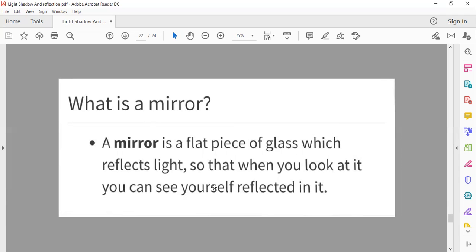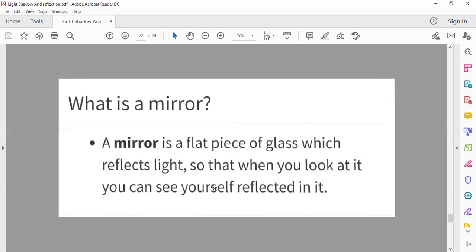So sometimes children get confused that light passes through the mirror. No, light does not pass through the mirror. Light gets reflected. Reflect means when the light strikes the mirror, it comes back to you again. Only then we can see our image or our reflection.